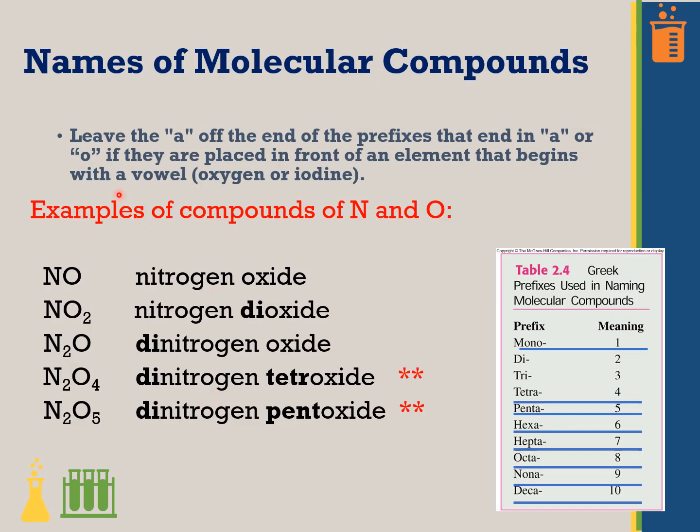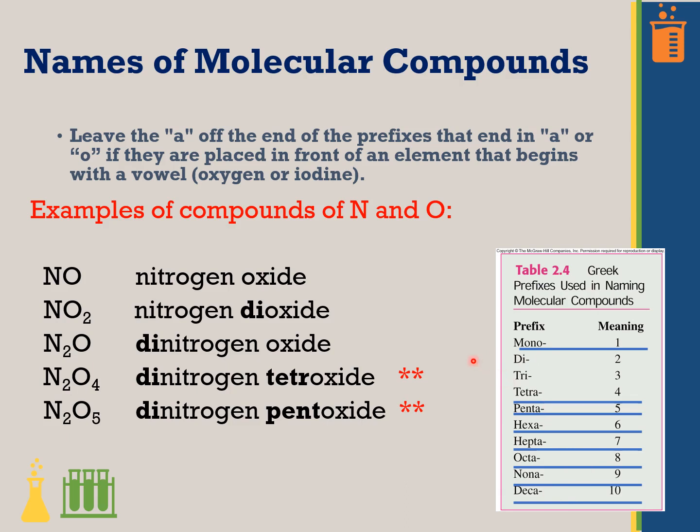And there's one last rule, and this applies only to nonmetals that begin with a vowel, oxygen and iodine, and only if the Greek prefix ends in A, which is the ones I've underlined, or O. And it'd probably be easier to say it doesn't apply for di or tri.